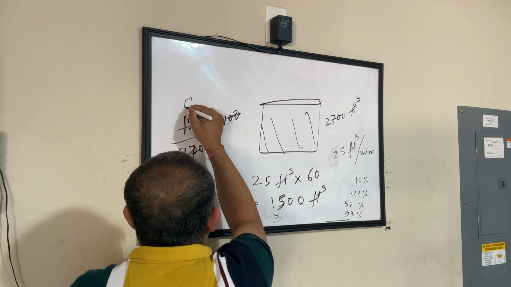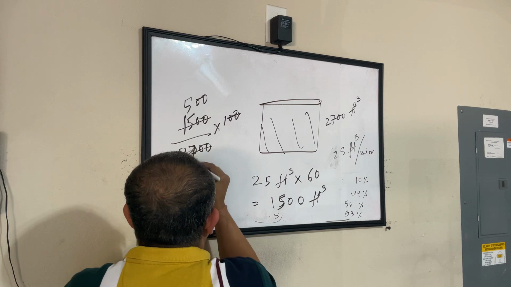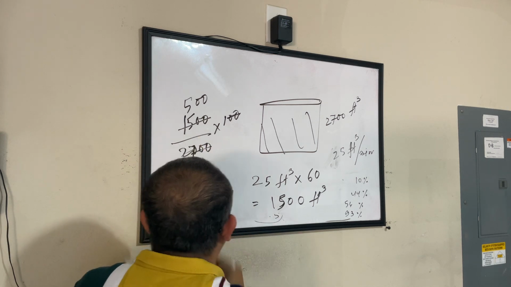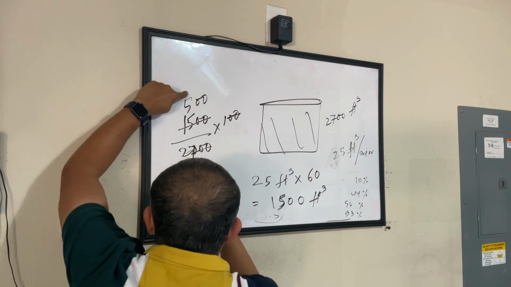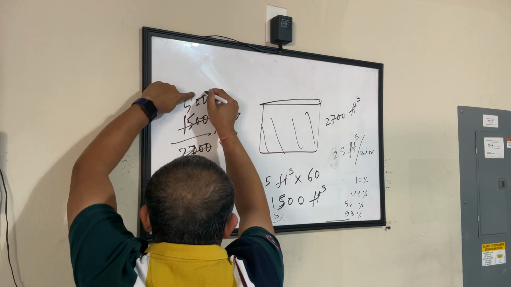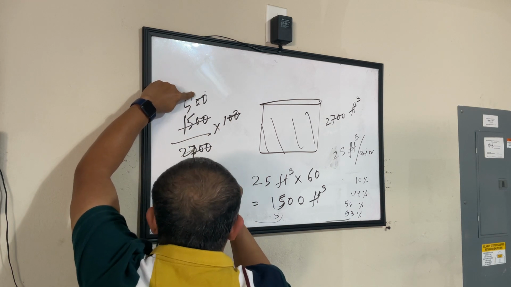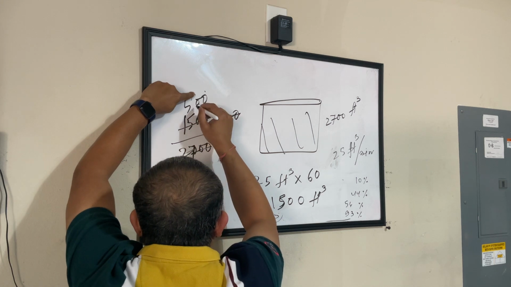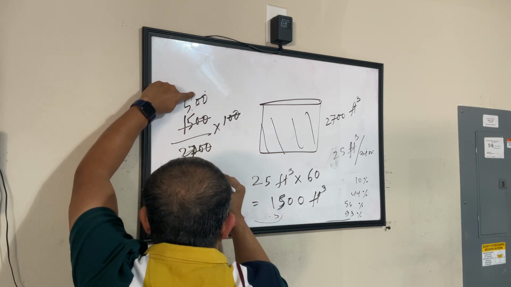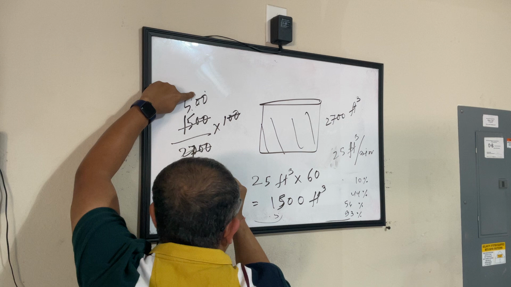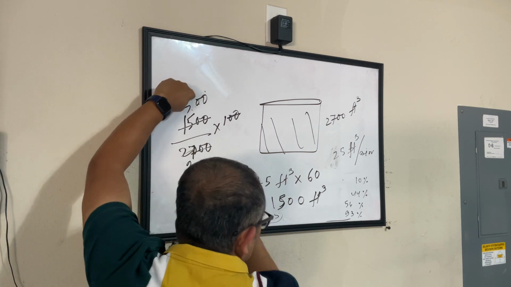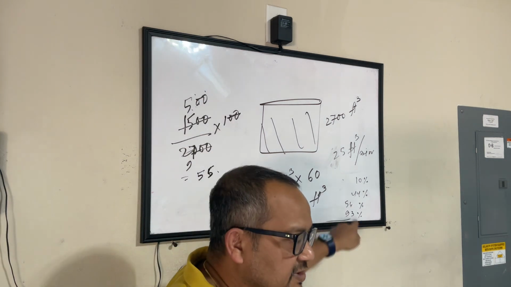This is 3 5s are 15. This is 3 9s are 27. So 500 by 9. 9 5s are 45. Then 5. So yeah, close to 56%.